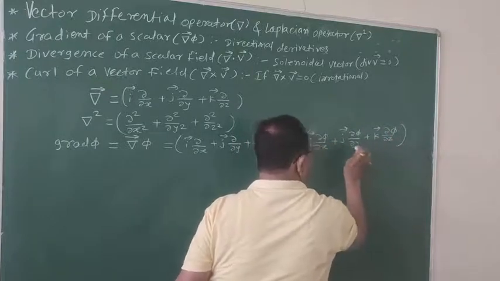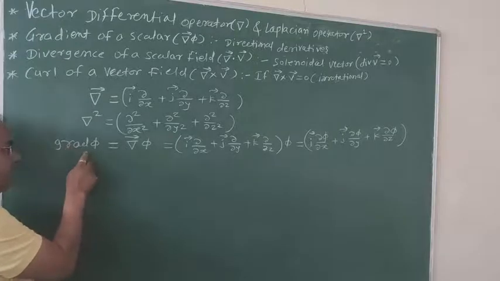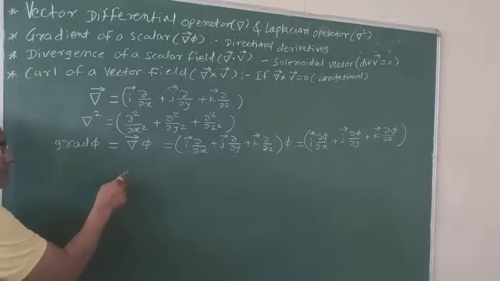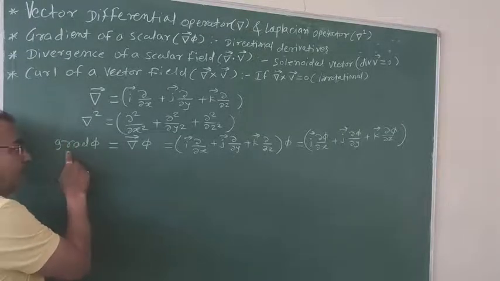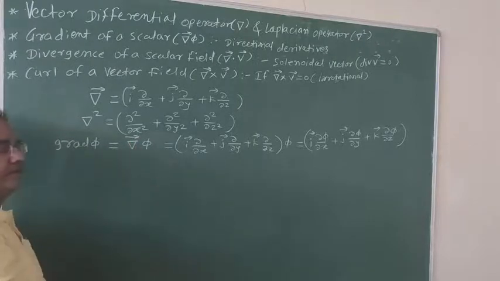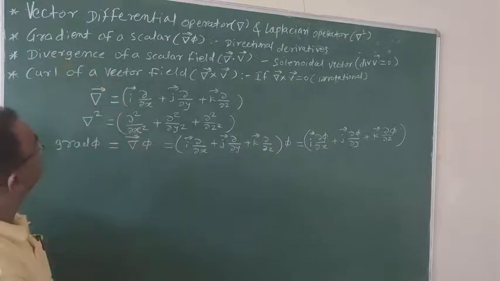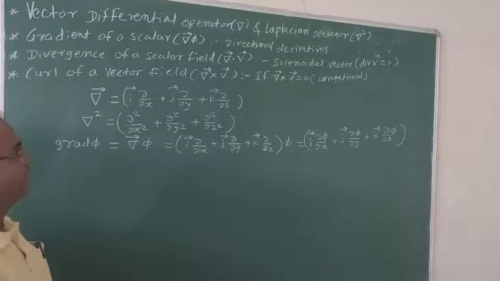This term is known as the gradient of phi, pronounced grad phi, given by del bar phi. This is the gradient of the scalar field phi.